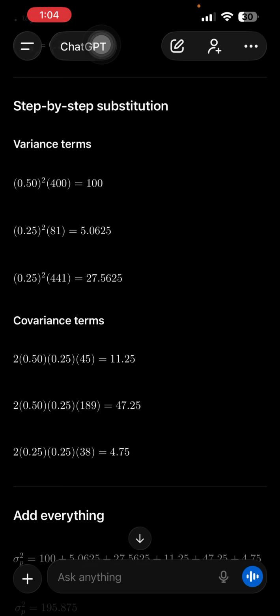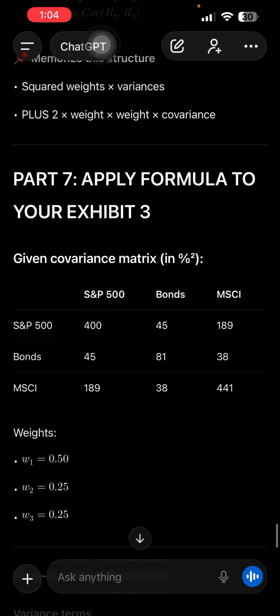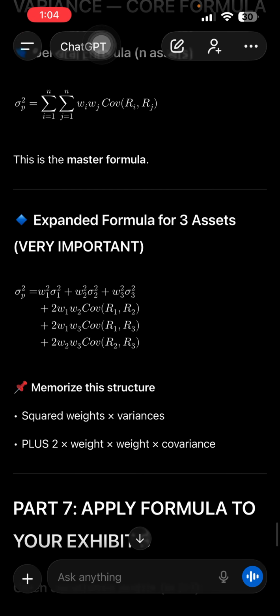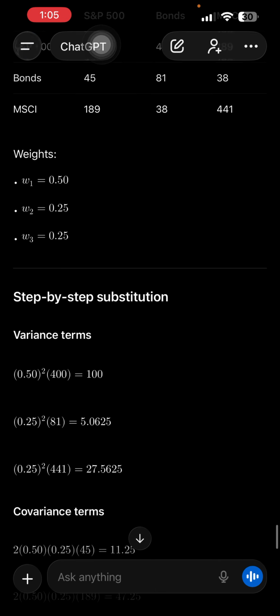Similarly, the remaining 2 into R1 R3 and 2 into R2 R3, just like this formula, always using the covariance relationship among these two asset classes.